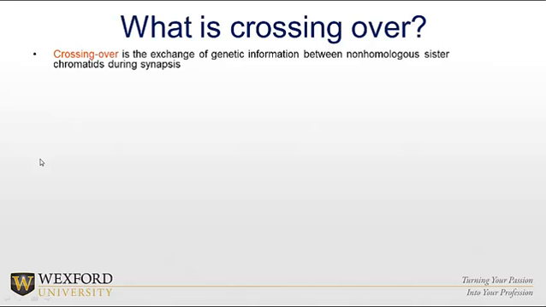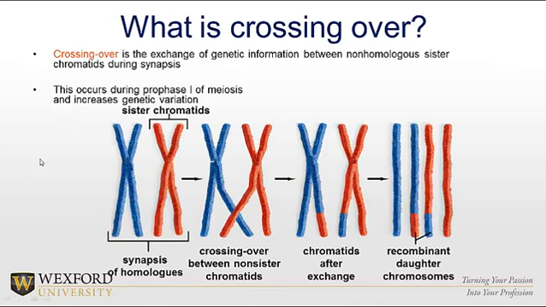But there's also this concept of crossing over, where we actually get even more exchange of genetic information between non-homologous sister chromatids during a synapse. Once again, this occurs during prophase 1 of meiosis, and it increases that genetic variation, and we saw this already. So we have the homologous chromosomes here, right?